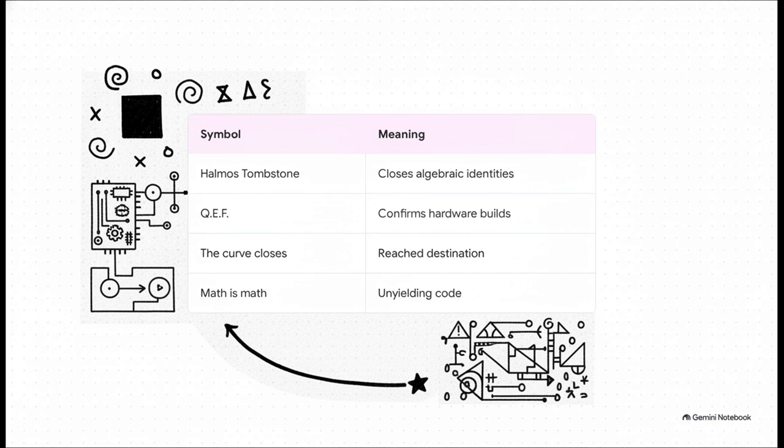Next is QEF, which confirms practical hardware and state machine constructions. No more abstract thought experiments here. Did the circuit build or not? Then the phrase, the curve closes, signals that the wave has officially reached its cycloidal destination. And finally, the absolute mic drop for any academic debate. Math is math. It strips away all the rhetorical fluff, leaving only unyielding, working code.